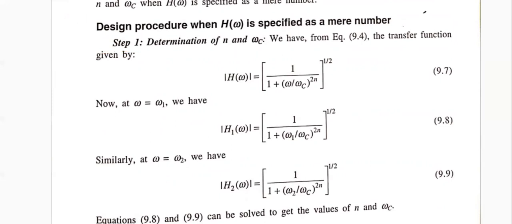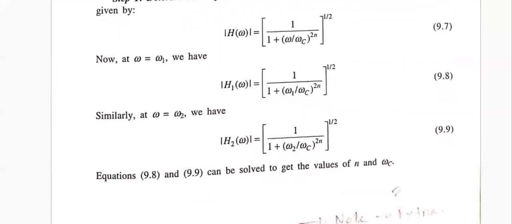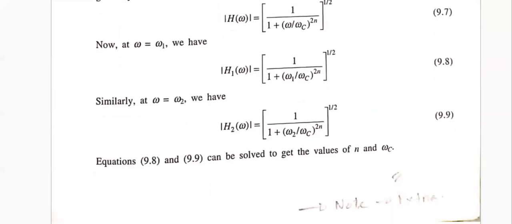We have this equation. We have learned that equation already. So there are two unknowns here, for example, small n and omega C. We should know the value of omega 1, and from there we can get this equation, and we should know the value of omega 2. From there we should know this equation.